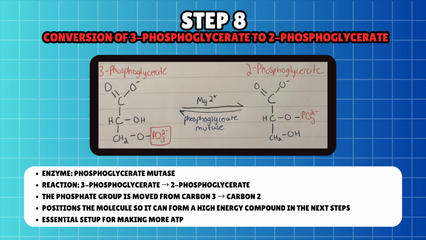If you look at the notes I took on the top of the page, we can easily see that the phosphate group is moved from the 3-carbon to the 2-carbon, and this positions the molecule so it can form a high-energy compound in the next 2 steps of glycolysis. This step is essential for making more ATP.